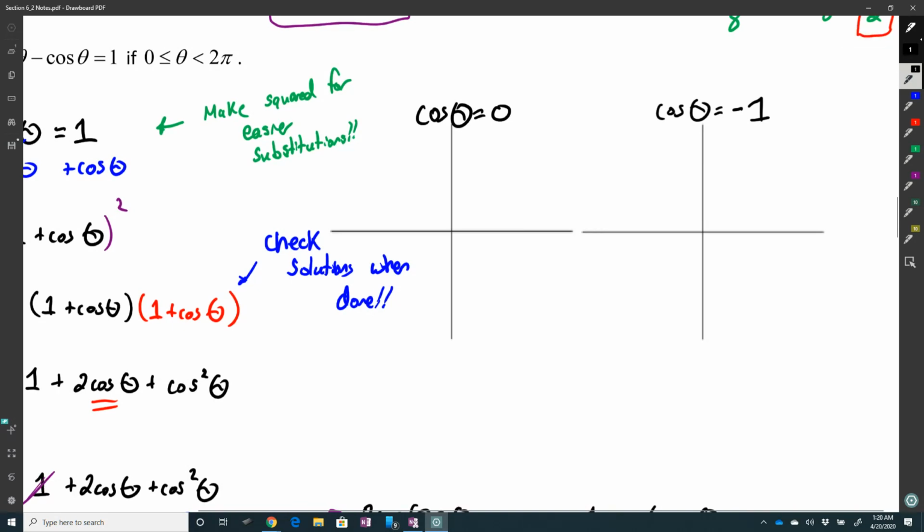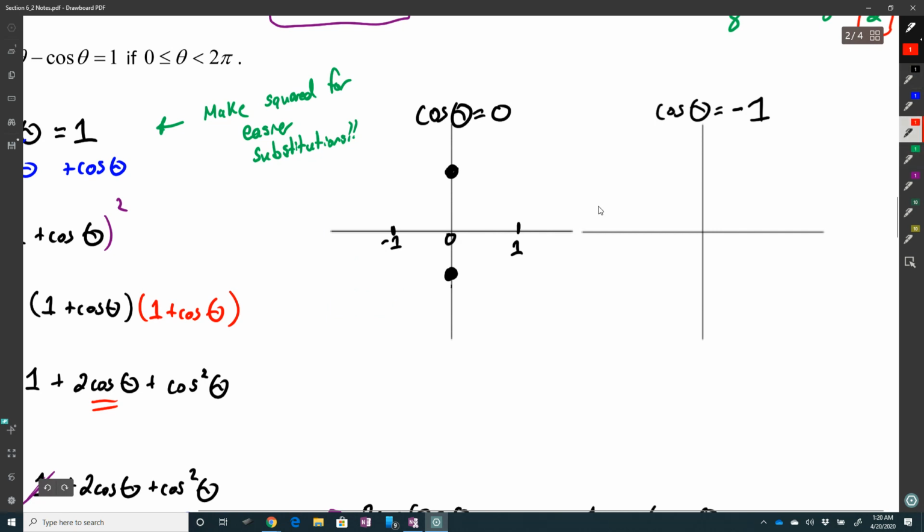Well, that's where x equals 0. And so that's going to be here and here. Remember, cosine is associated with x. Here's 1, negative 1, and in the middle, x is 0. Let me get rid of this. It's in the way. Right? So x equals 0 is in the middle.